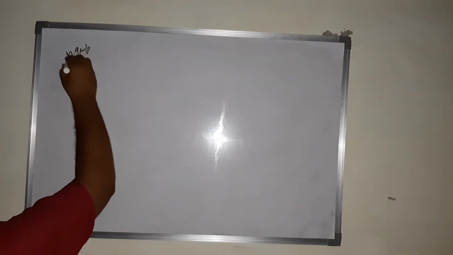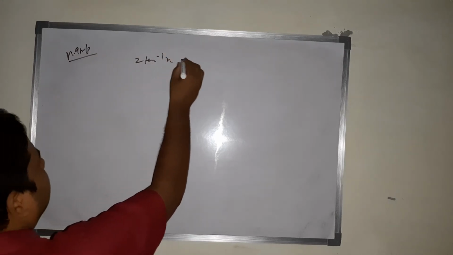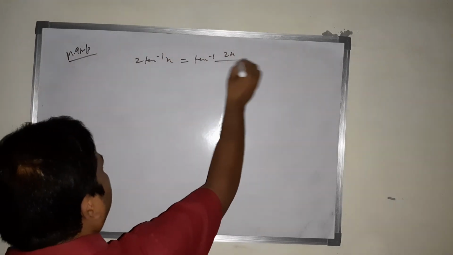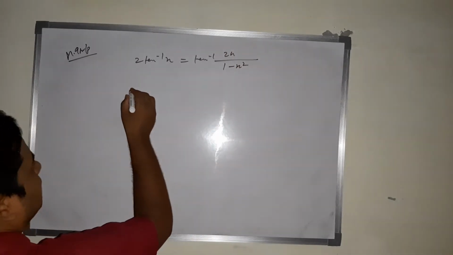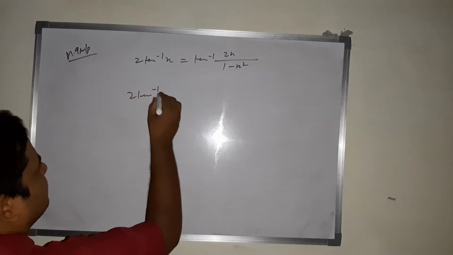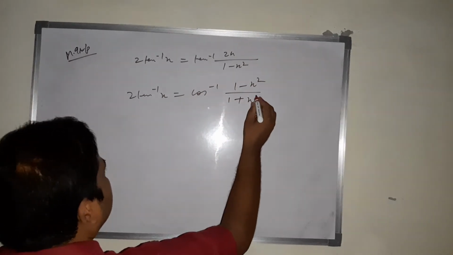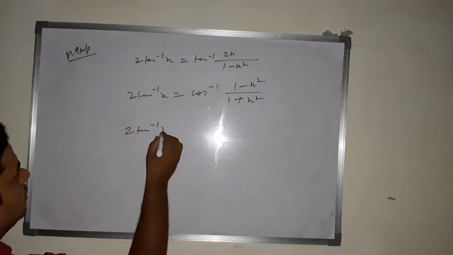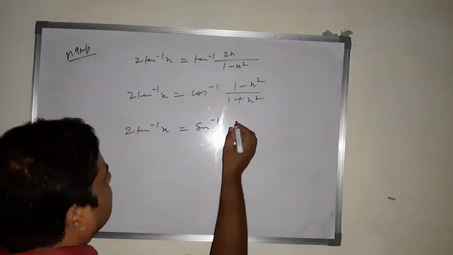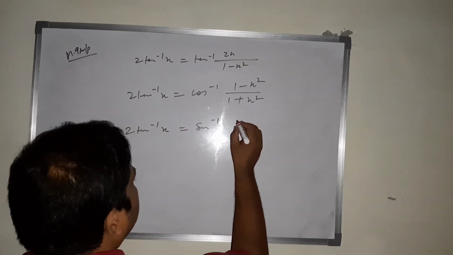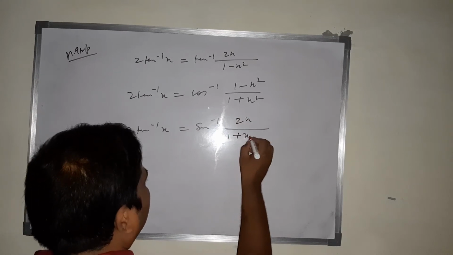Next property is, and this is the most important property, 2 tan inverse x is equal to tan inverse of 2x upon 1 minus x square. 2 tan inverse x is equal to cos inverse of (1 minus x square) upon (1 plus x square). 2 tan inverse x is equal to sin inverse of 2x upon 1 plus x square.